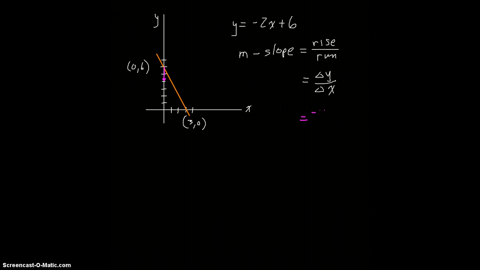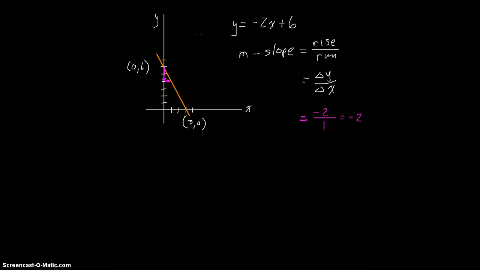Going down negative 2, right? And then in the x direction, to get to the line, I have to go to the right, which is positive. So in the x, I have a positive 1. So it looks like my slope is negative 2.